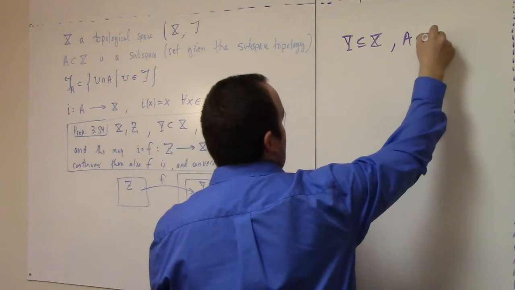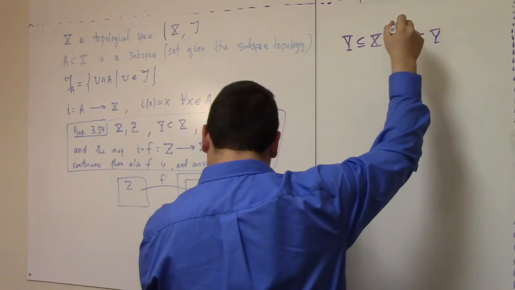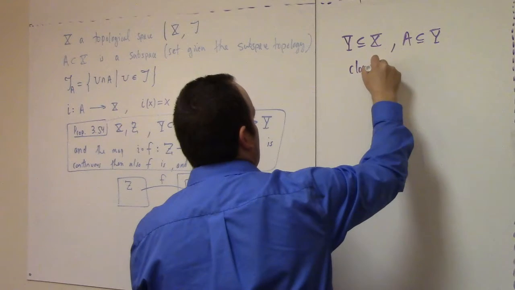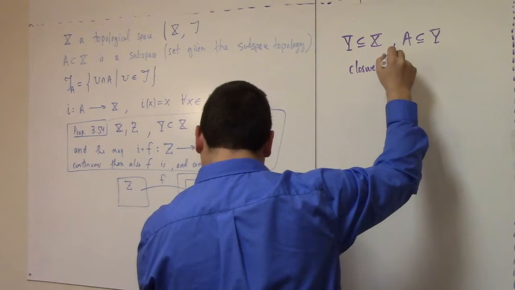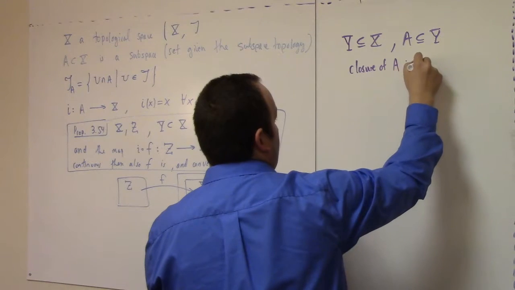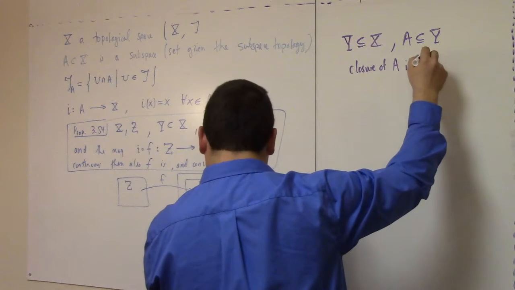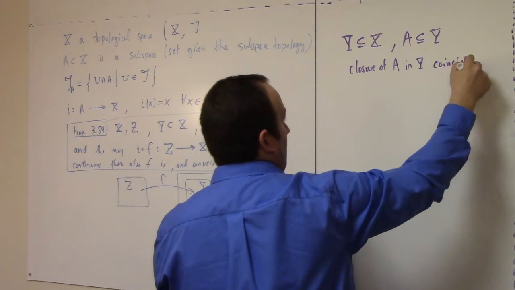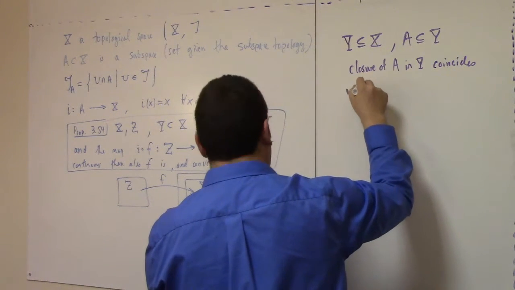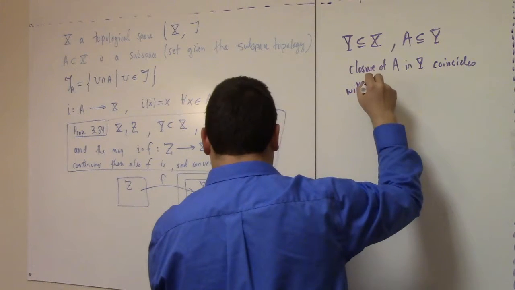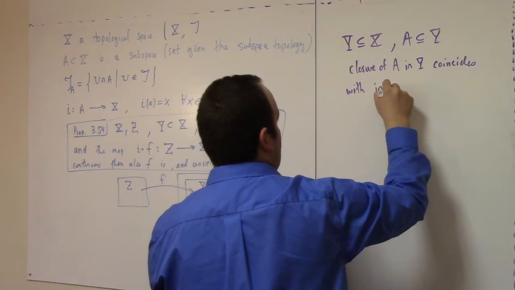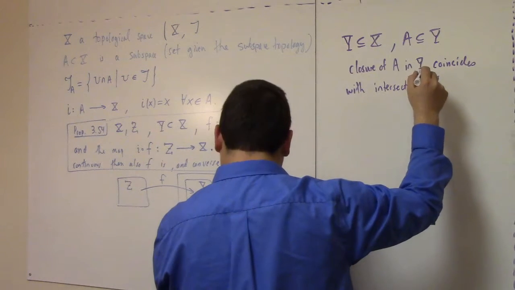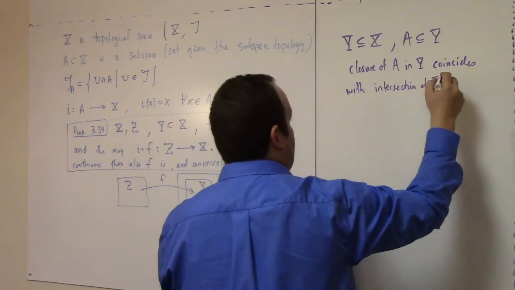A is subset of Y. Then the closure of A in Y coincides with what? Intersection of Y with the closure of A in X.